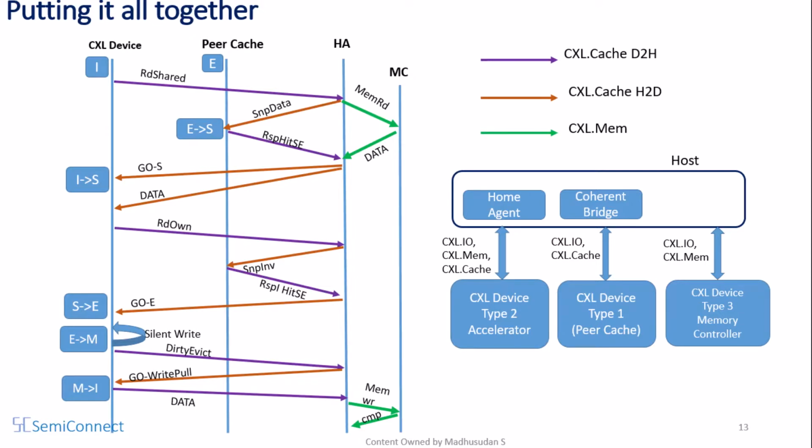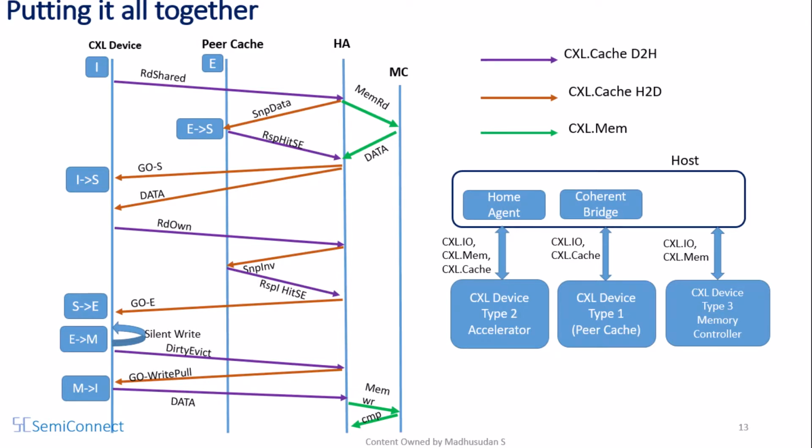So then it actually invalidates that particular cache line. The CXL device, after sending the data to the home agent, invalidates because this has been evicted and this cache line is no more valid, right? So it changes the state back to invalid.